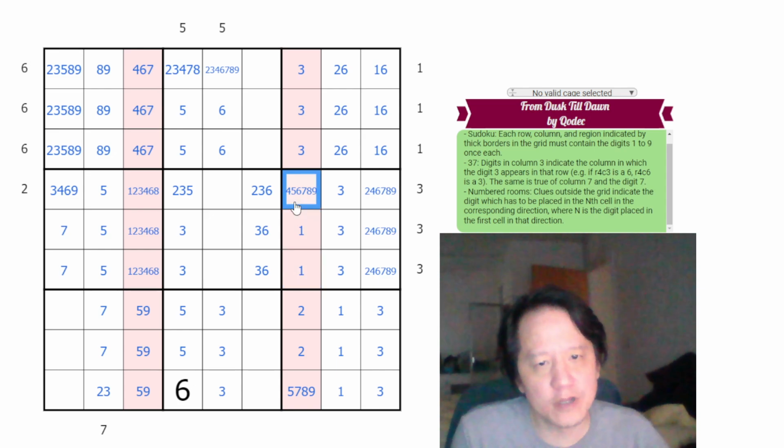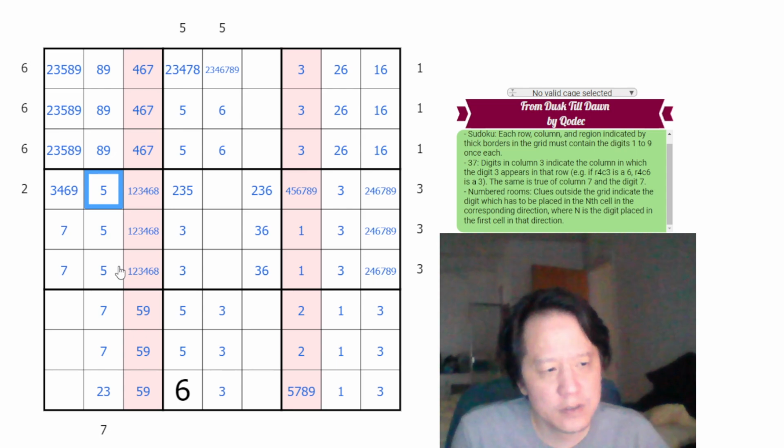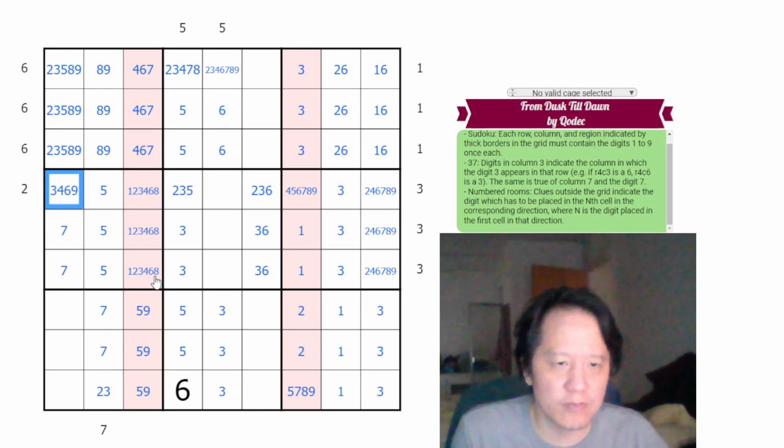It can't be 1 here, because if that's 1, this would have to be 7, which means the 2 would have to be here. Wait, why can't the 2 be there? Oh, well, because that can't be 1.